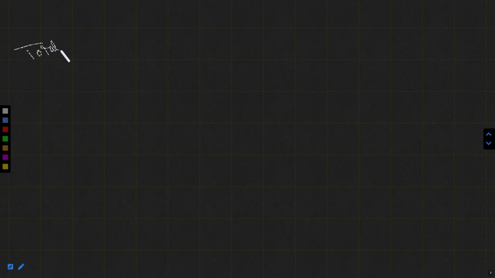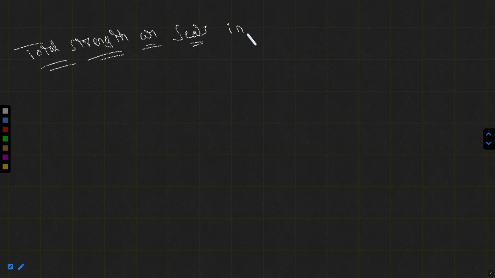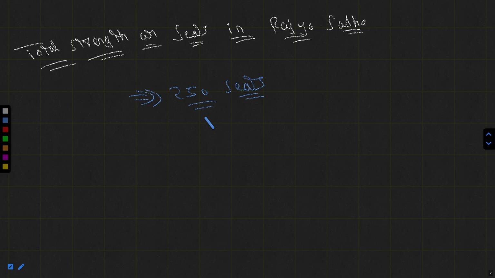like we could say, if we talk about the total strength or seats in Rajya Sabha, these are fixed, means 250 seats.